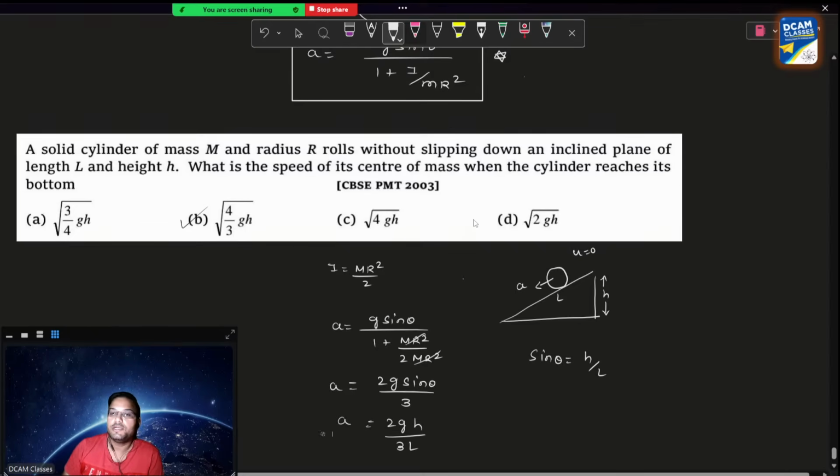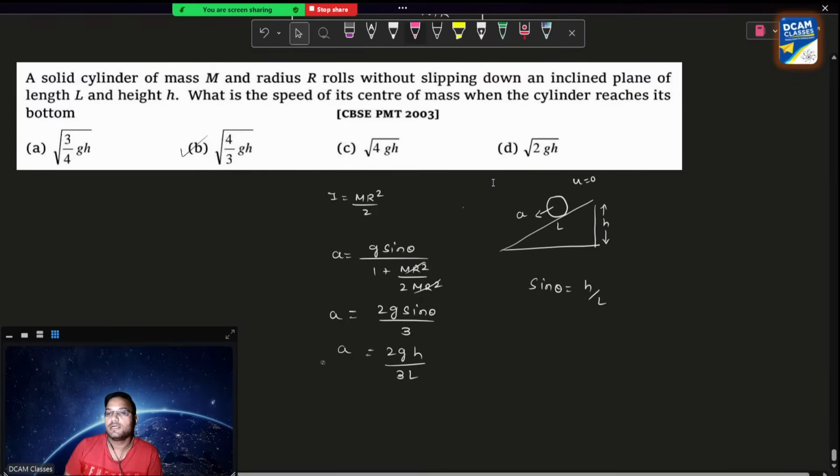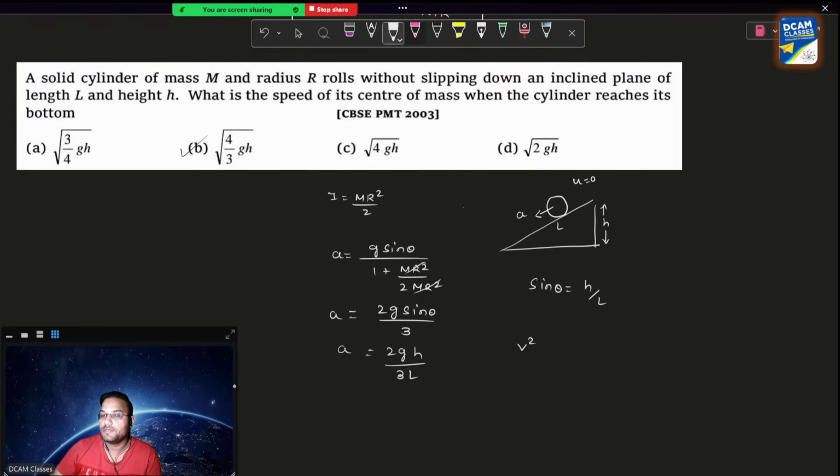Now the speed of the center of mass when it reaches the bottom. We'll use the equation v square minus u square is equal to 2ax, from A to B along the direction of the inclined plane. Here the velocity is v, and initially it was 0.